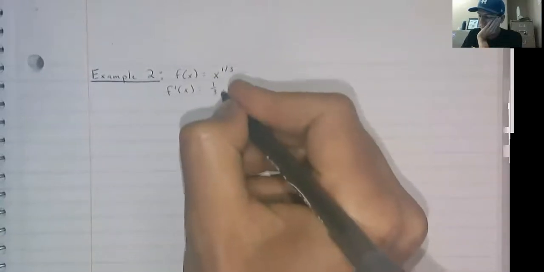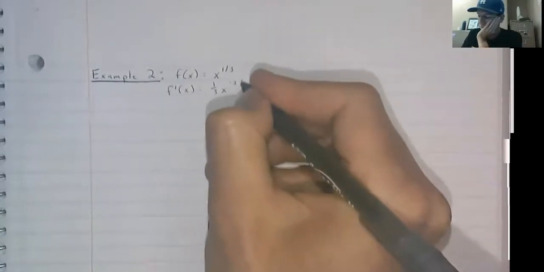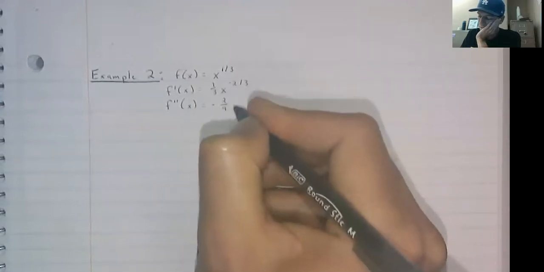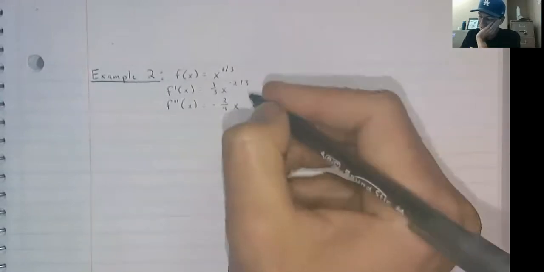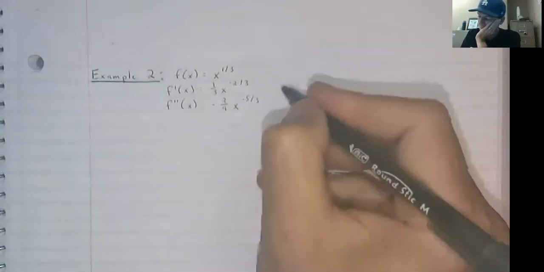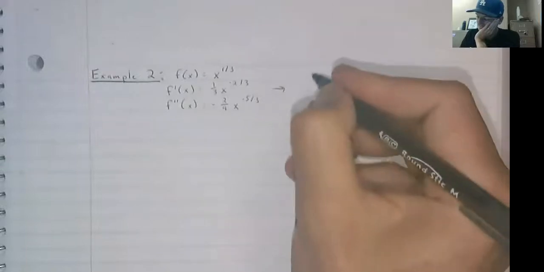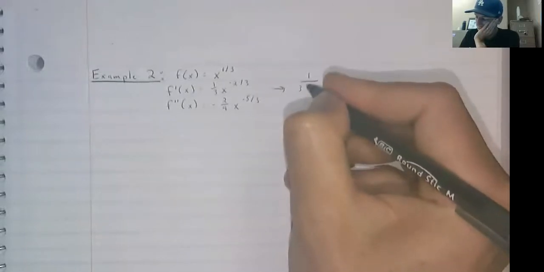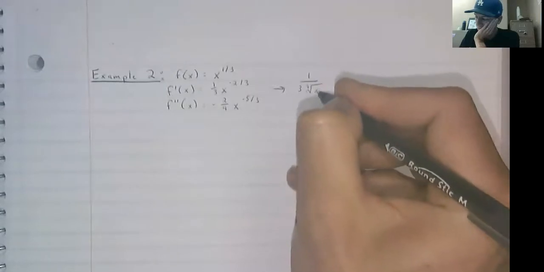So f prime is going to be 1/3 x to the negative 2/3. And f double prime is going to be like a negative 2/9 x to the negative 5/3. Ew, woof. So that's like 1/3 times the cube root of x squared.